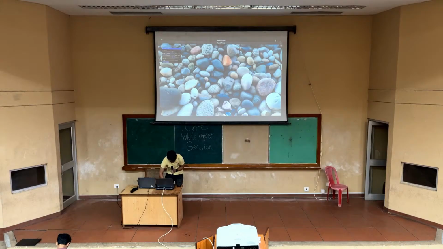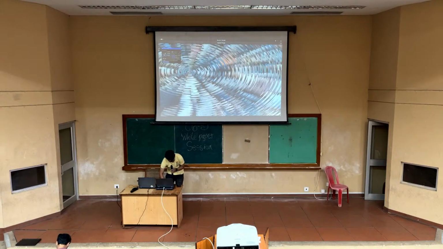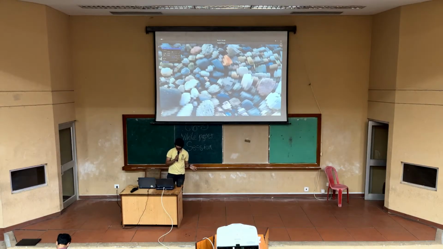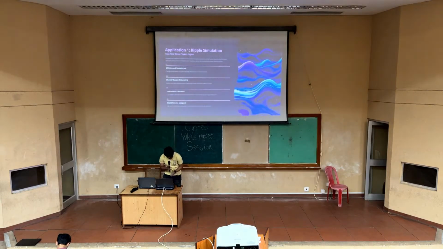For example, if you change the parameter, the wave moves quite fast. It is a GPU based simulation so it's interactive, with sliders for every parameter, and we can see the changes simultaneously.